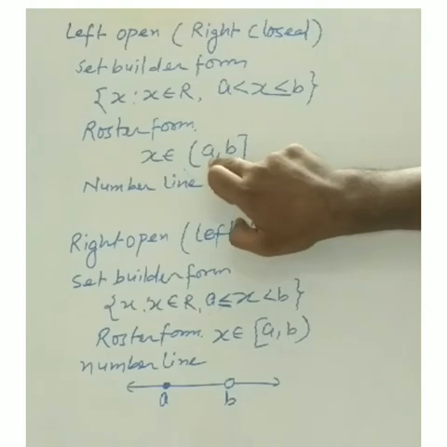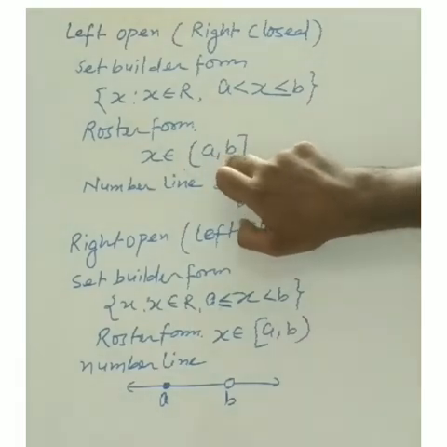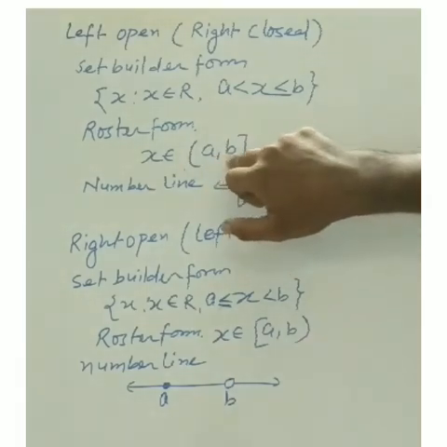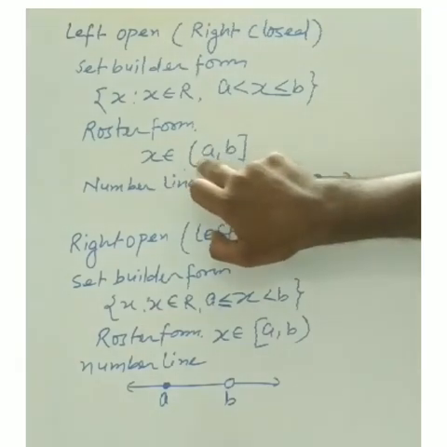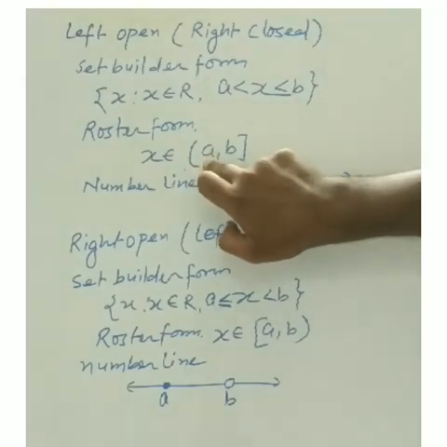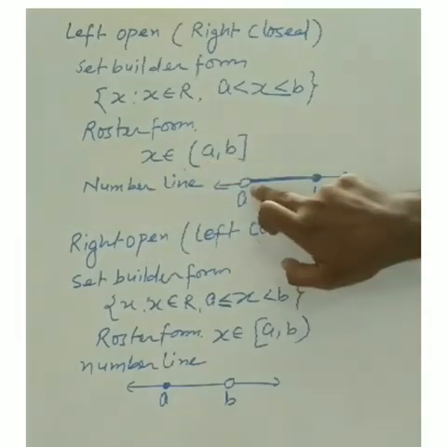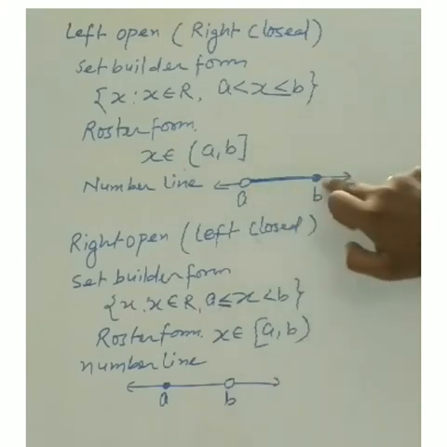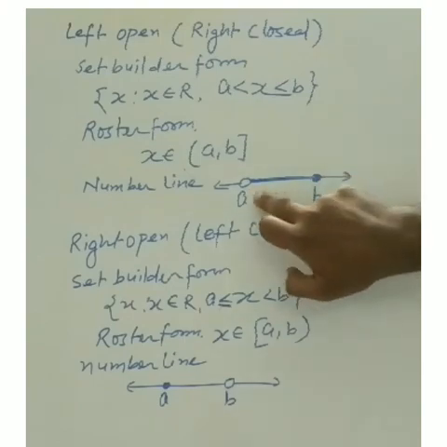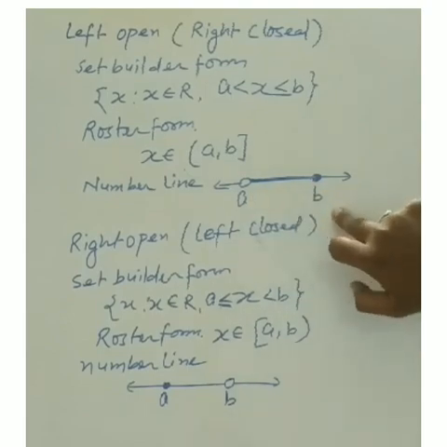All the values between a and b are included. b is included, but a is not included. Be careful, a is open so it is not included, and b is closed so it is included. Here we have written an open circle for a and a closed circle for b. It means a is not included, b is included.